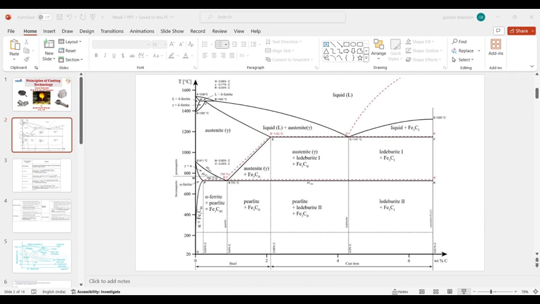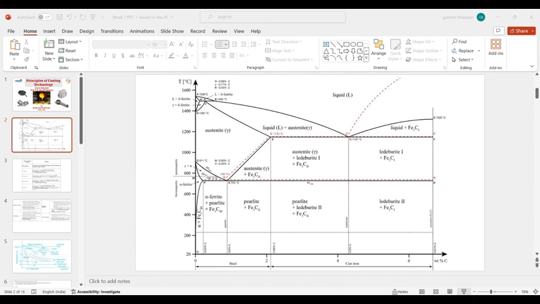During quenching, this austenite phase gets converted into the martensite phase. So whatever type of phase you want, you have to provide the heat treatment accordingly, and for the heat treatment procedure, you calculate the temperature with the help of this iron carbide phase diagram.